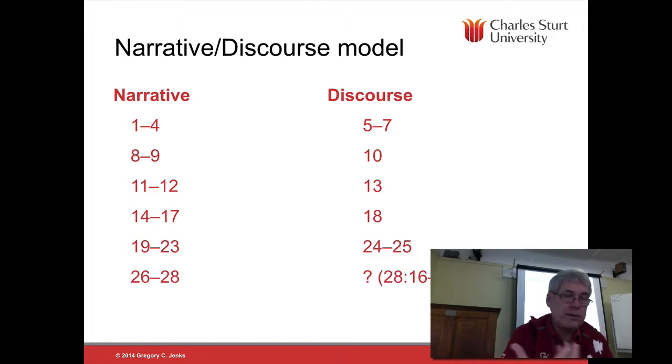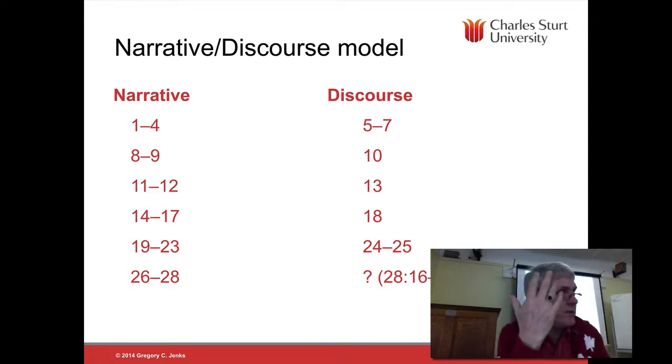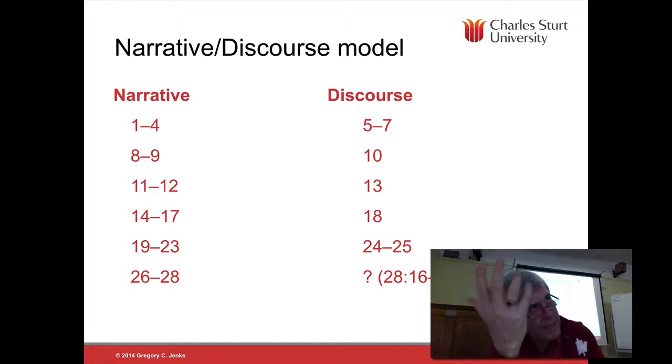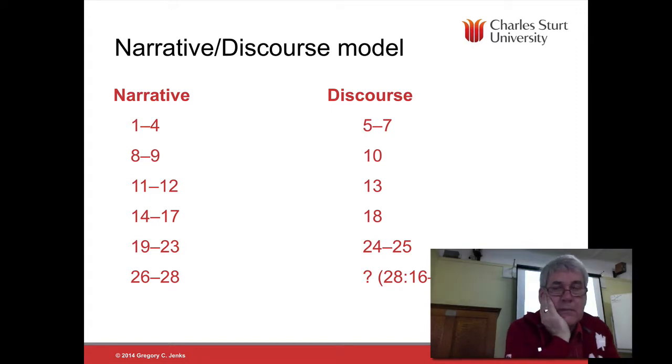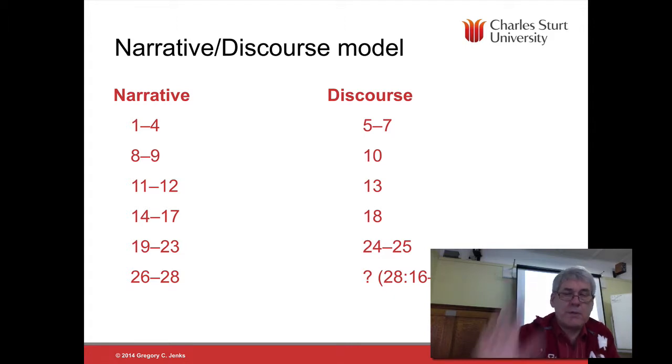And the final lot of narrative is of course the passion narrative in 26, 27, 28 with the Easter appearances. And then there's no discourse unless you take the last scene, which is Jesus appearing on a mountain in Galilee and saying, all authority in heaven and earth is given to me. Go and make disciples, but teach them to observe all things, baptize them, and so on.